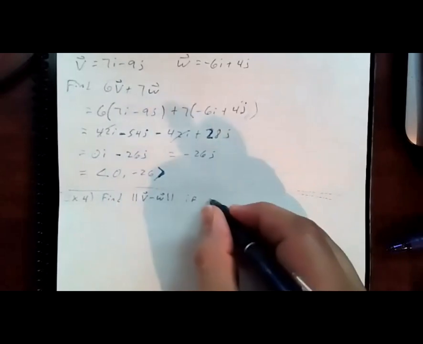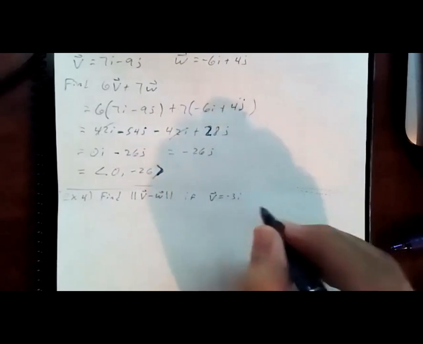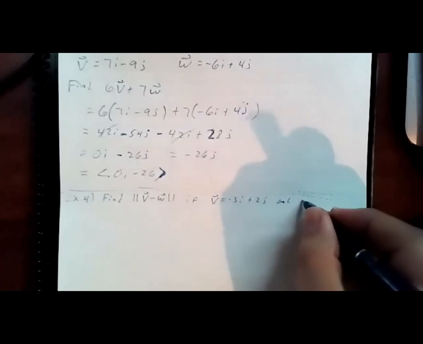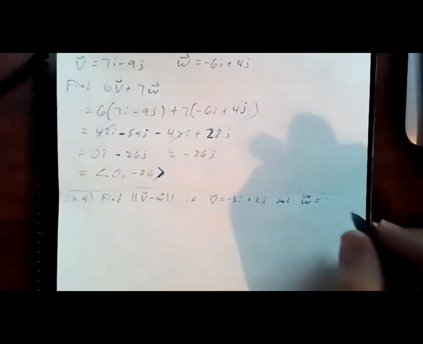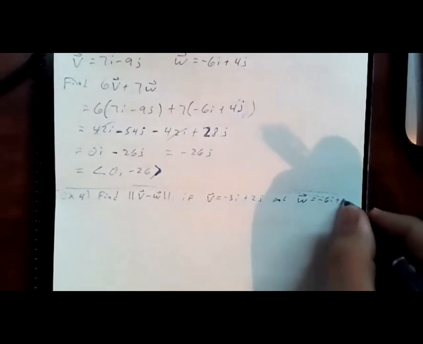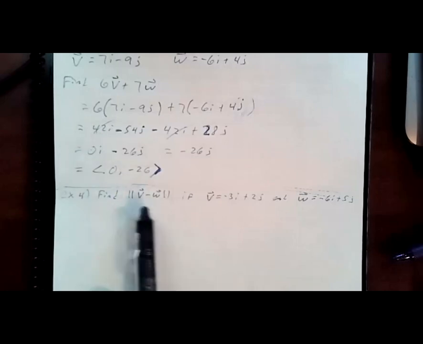If V is equal to negative 3i plus 2j and W is equal to negative 6i plus 5j. Okay, so basically you subtract them first, then you find the magnitude. That's all you got to do.